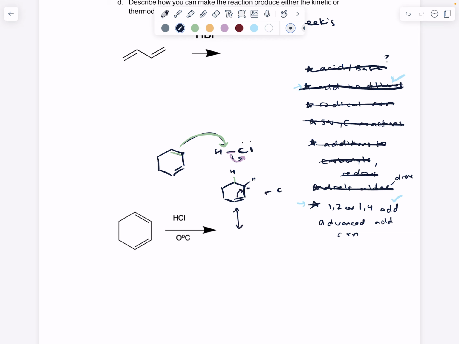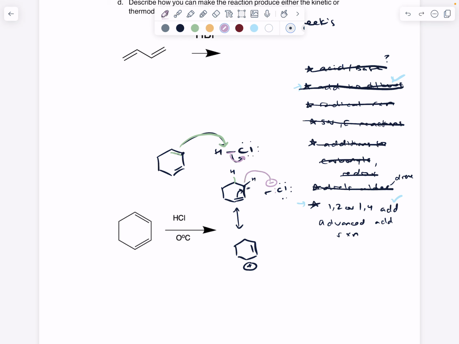Oh, and chlorine, let me draw in my lone pairs. Chlorine is becoming negatively charged. So these are the two positions that the chlorine could attack. So this chlorine could attack, oh, I put that in the wrong place.